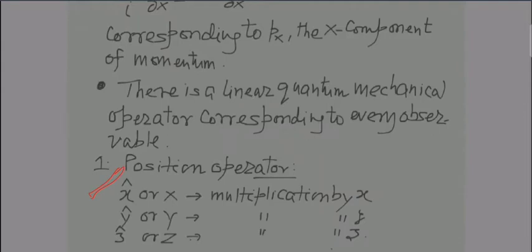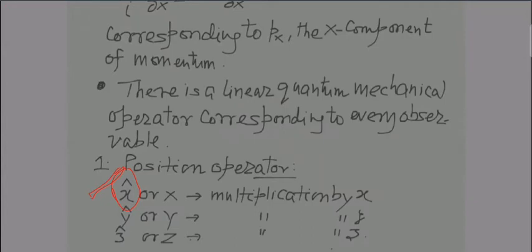If I measure the position along the x direction in classical mechanics, the corresponding quantum mechanical term will be the x hat operator, which can be read as x hat or x cap, but I will say hat only.